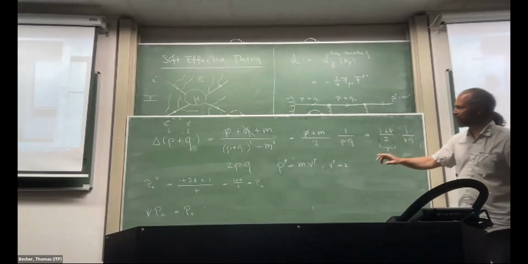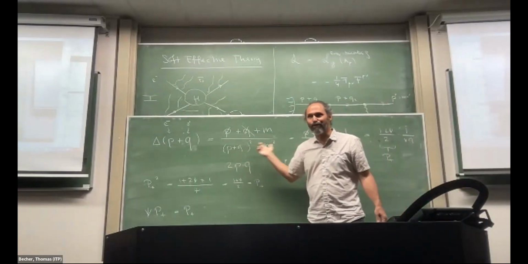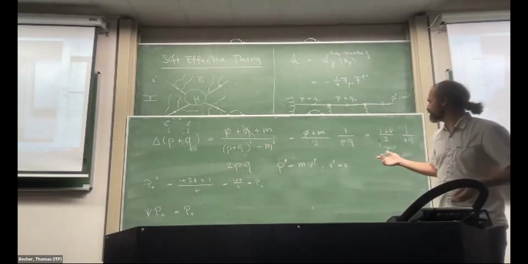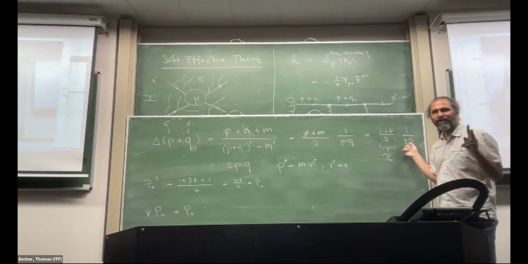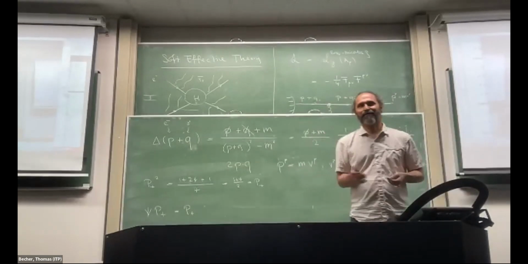One interesting thing, I didn't write the i epsilons, but this propagator has, for example, two poles. But now that I've expanded, I've lost one pole, so this only has a single pole. The two poles in the propagator correspond to particle and antiparticle. Now that I've expanded, I lost the antiparticle.